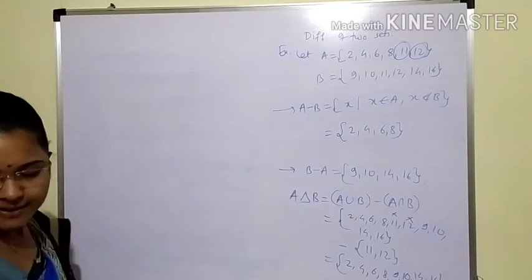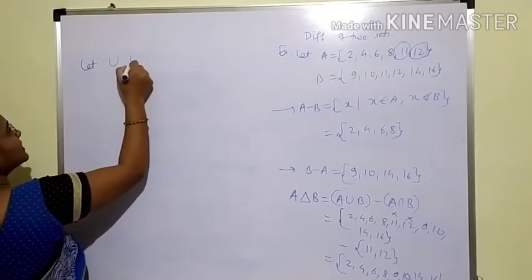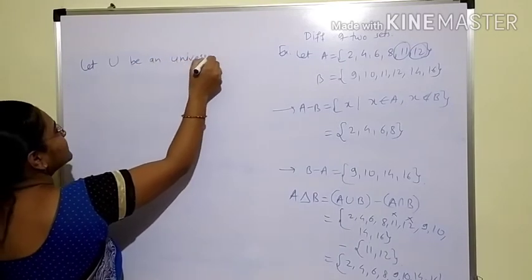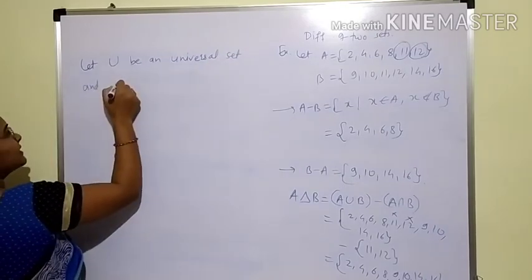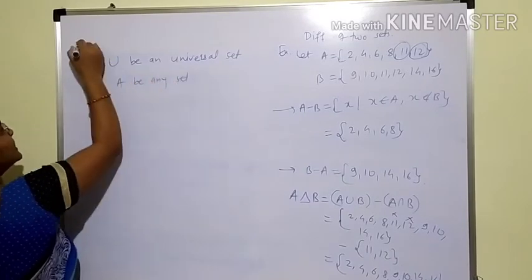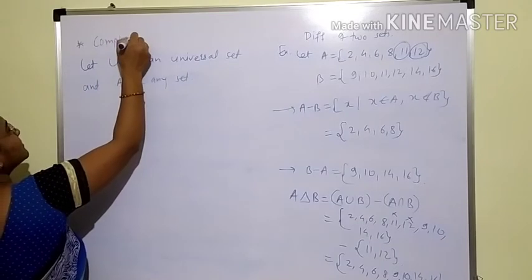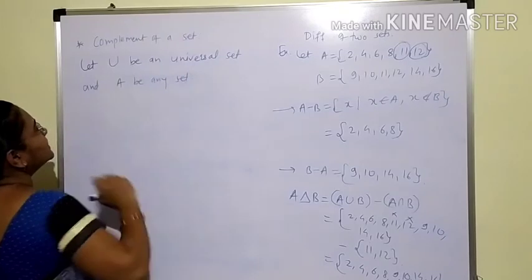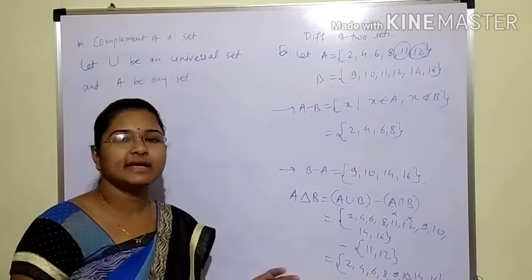Here let U be a universal set and A be any set. Here complement of a set we are studying. Now U is a universal set and A is any set.